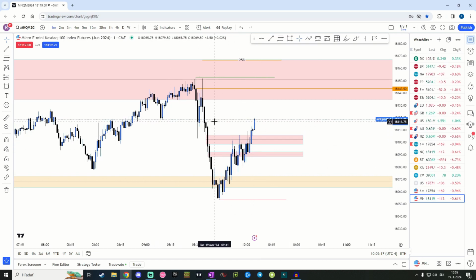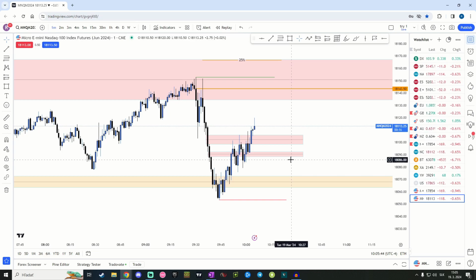So if I would be still in the trade and I could take out still something off, this is one of the potential targets or area where I could have done that. And we can see the market going up into this fair value gap. So this is nice to see that I was really in a good position, in a good trade with almost no drawdown at all.